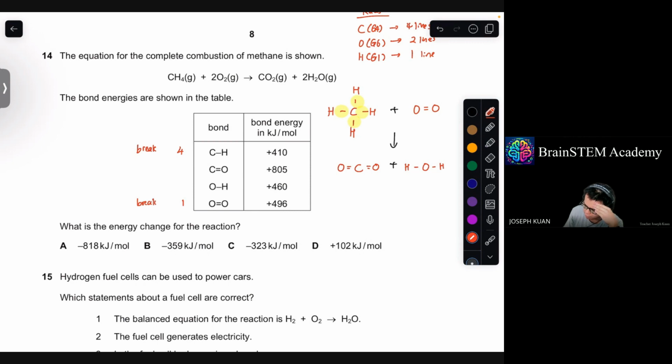And then we need to form 2 carbon-oxygen double covalent bonds, and we need to form 2 oxygen-hydrogen covalent bonds.